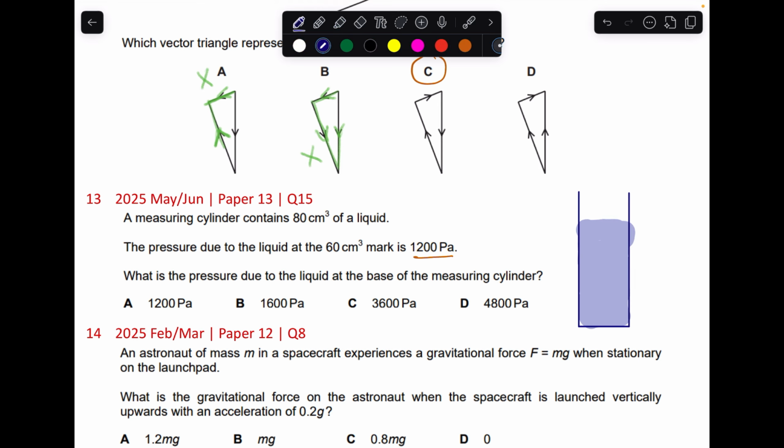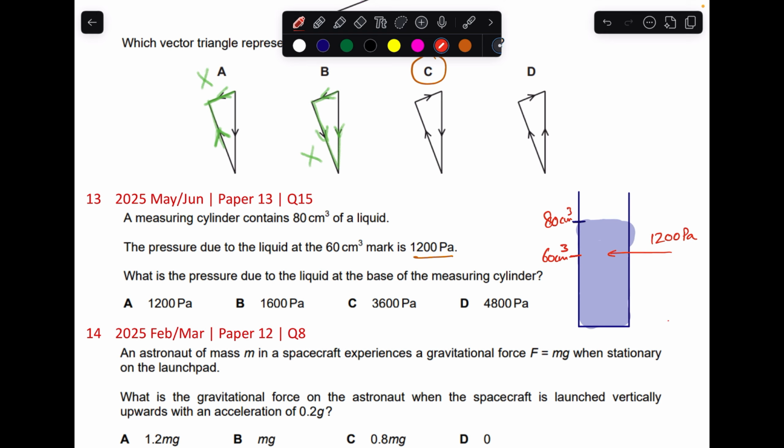The total is 80 centimeter cube of liquid. At the 60 centimeter cube reading, the pressure they have given is 1200 Pascal.